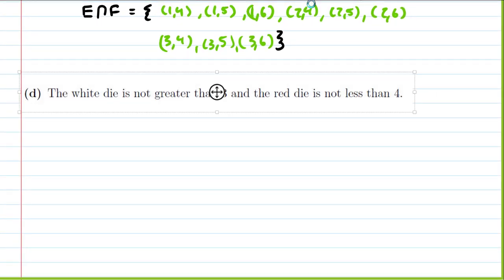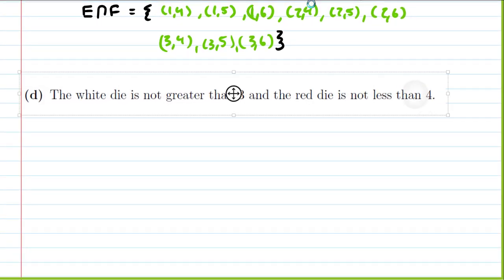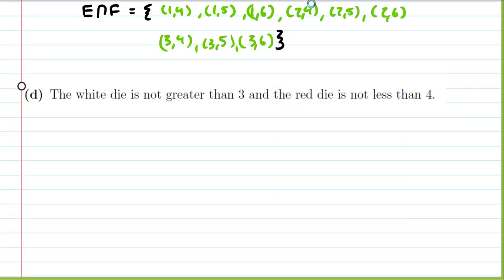Let's take a look at D. The white die is not greater than 3, and the red die is not less than 4. So we've got this not in each of these, and that's really describing the complement.